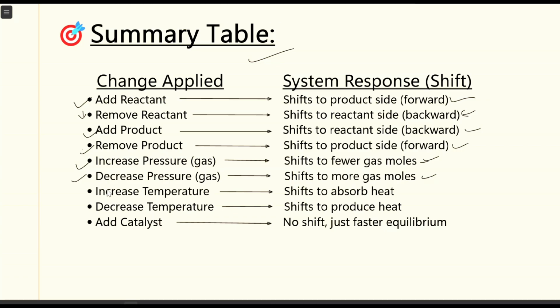If the temperature is increased, it shifts to absorb the heat. If the temperature is decreased, it shifts to produce heat. We have already understood that in the previous slide. If a catalyst is added, the equilibrium will not shift, but it will help to attain the equilibrium faster.